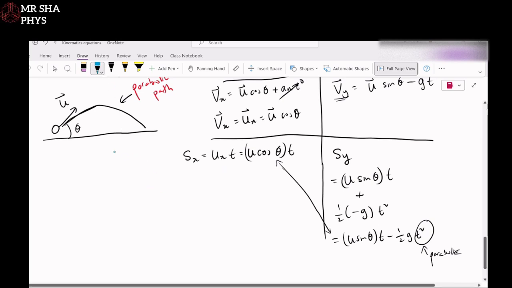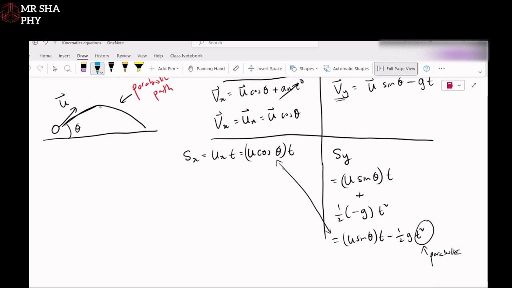One of those is that if you kick a ball and it follows a parabolic path, there's a point in space which has the highest displacement in y. This is what we call max height. This is when you have the max value of sy, and it happens when my velocity in y is 0.